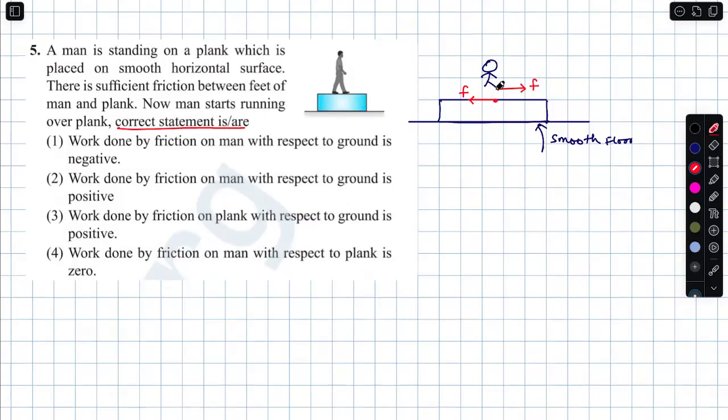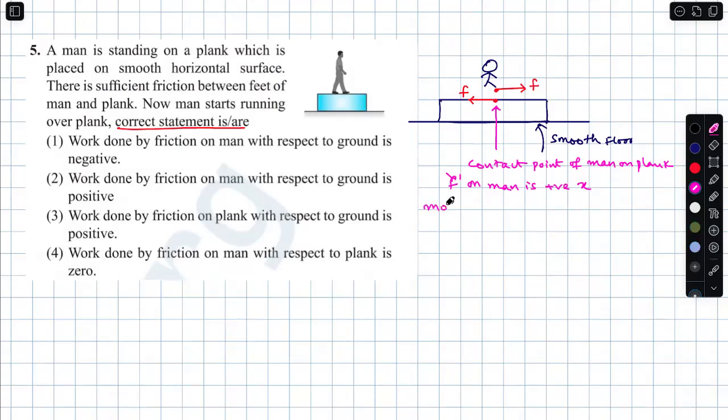Remember, this is the contact point of the man on the plank. Agreed? Now see, the force on the man is in the positive X direction.